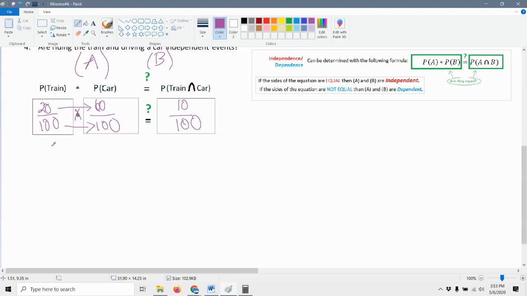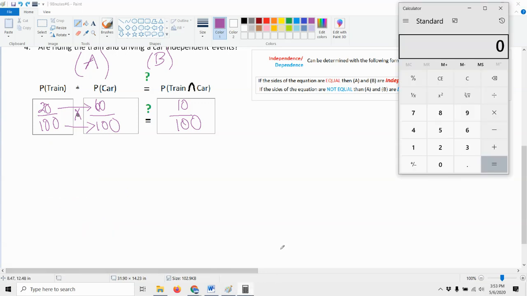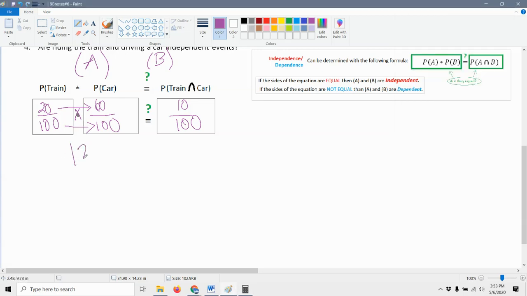The top numbers go on the top of our new fraction, and the bottom numbers go on the bottom. Okay? So let's do that. And we're going to just do that on a simple calculator. I'm going to take this number times the next top number, 20 times 60. And that's going to give us 1,200.